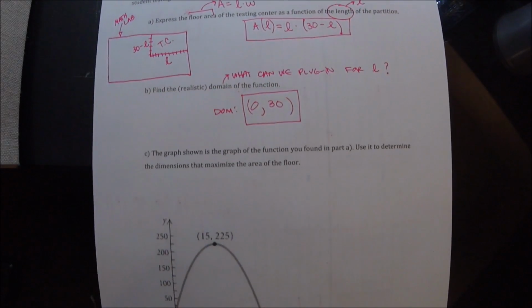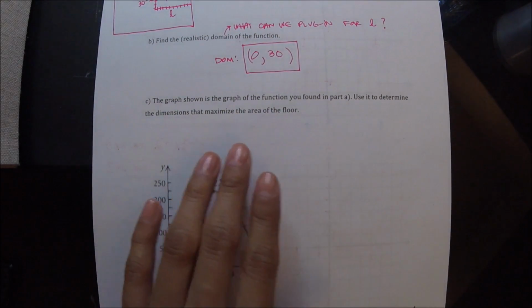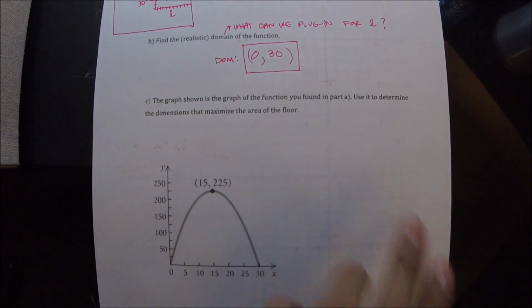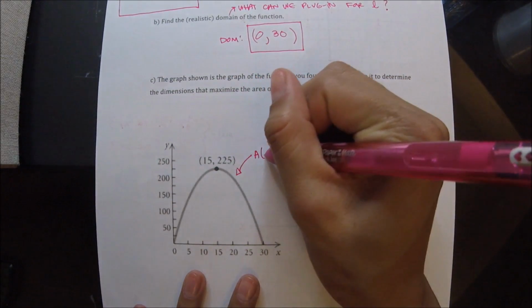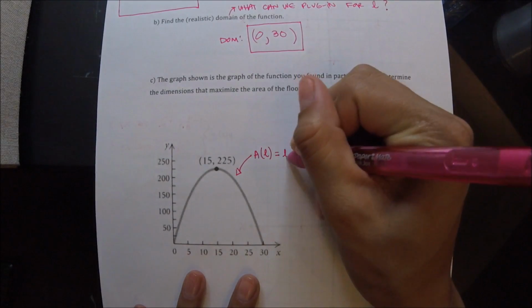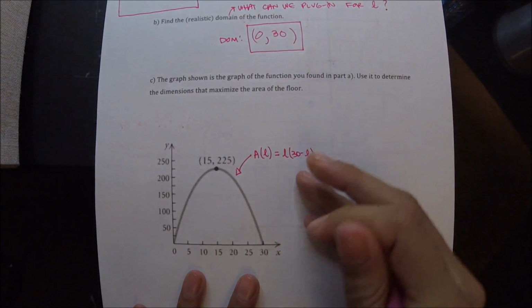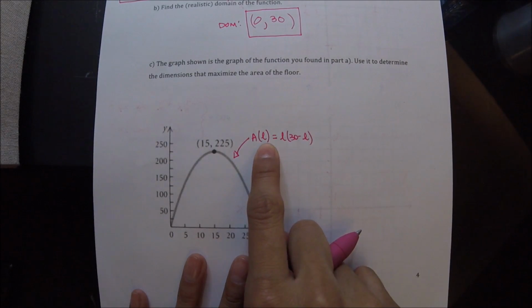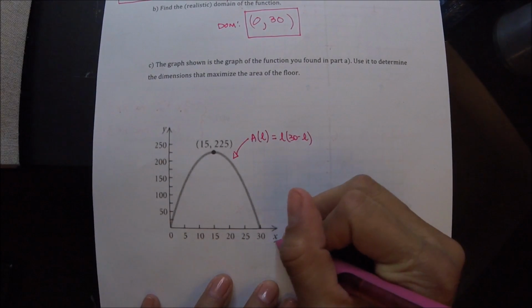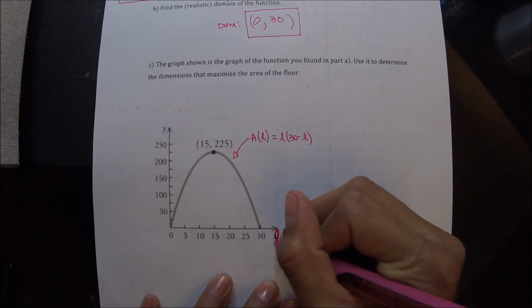And then part C, the graph shown is the graph of the function that we found in part A. So this is our A of L equals L times 30 minus L. This is already graphed for us. And so the variable is L. So I'm going to, instead of X, let's write an L there.